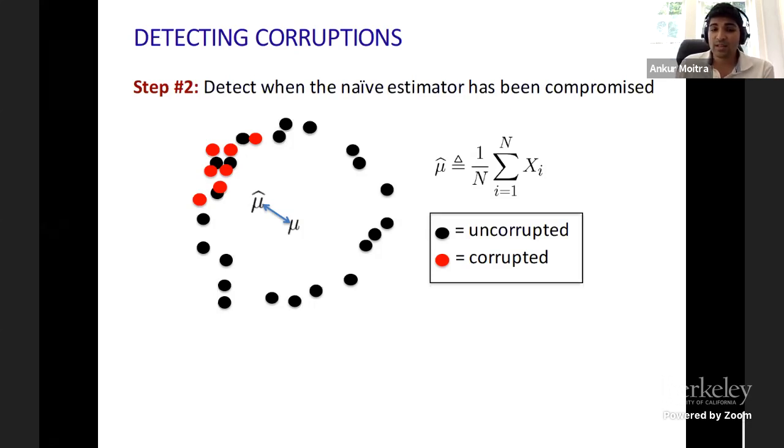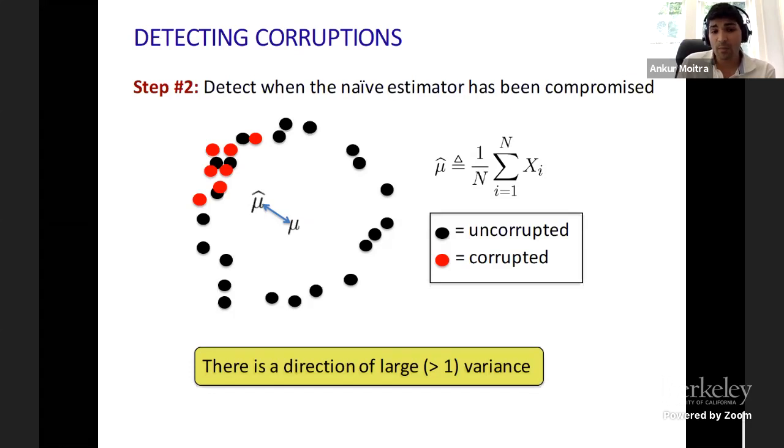It's merely to detect when the naive estimator has been compromised. In such a situation, I can hope to figure out a subset of the points which is much more red than black, which if I throw it out, I'm going to end up with an easier robust estimation problem. So, how can I detect that my naive estimator has been compromised?